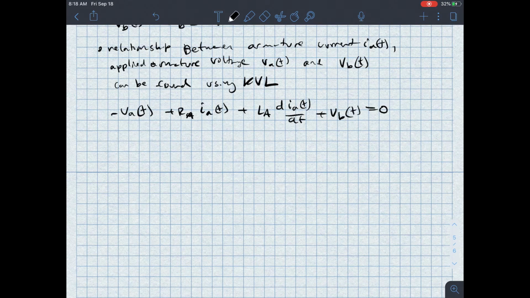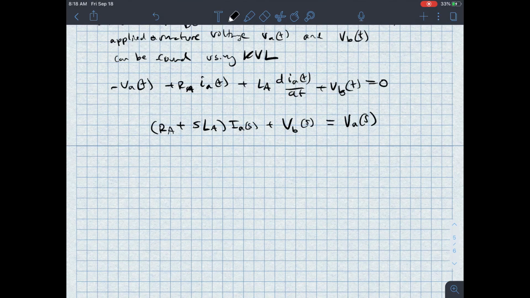And then I can take the Laplace transform of this and move VA of S to the right-hand side. So I'll have RA plus S LA times IA of S plus VB of S.